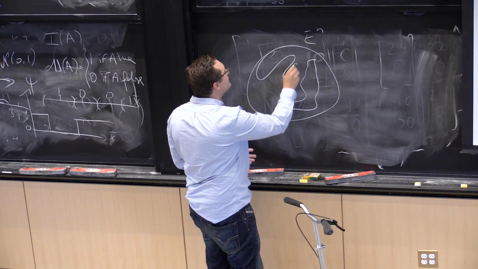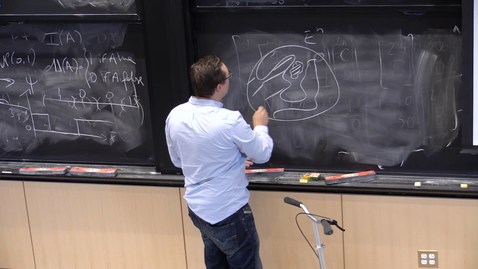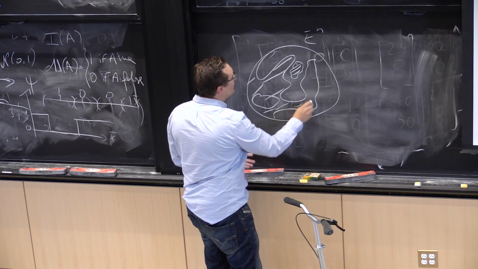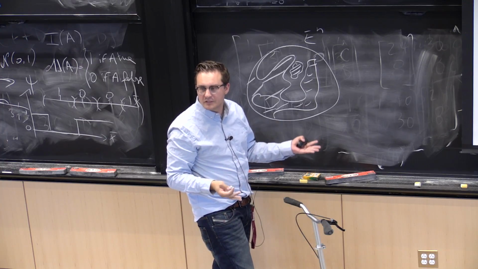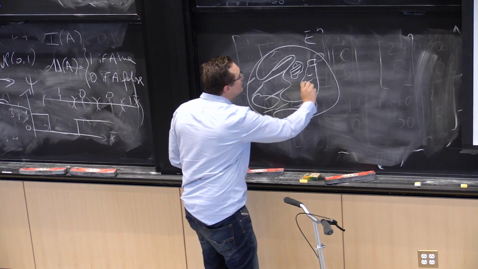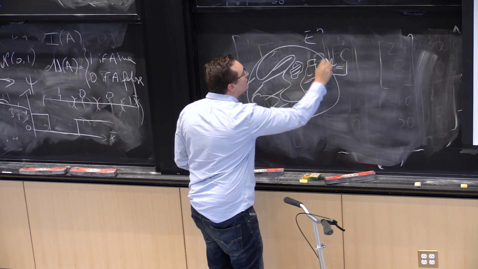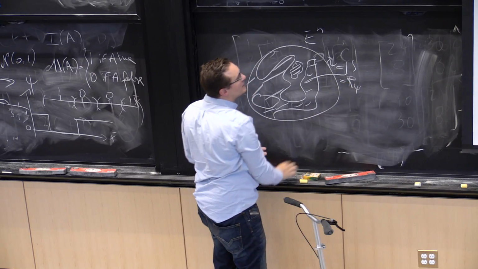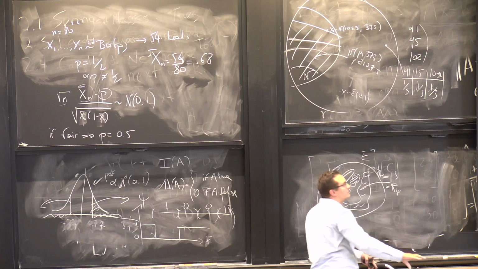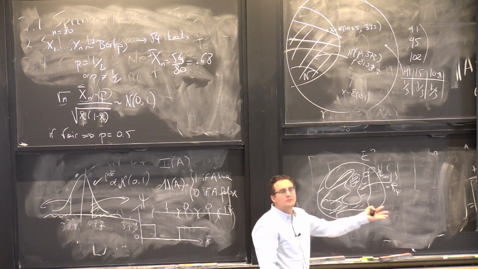I can have some weird little islands where it takes value 1, and some islands where it takes value 0. But I can always partition it into the value where it takes value 0 and the value where it takes value 1. And the region where psi is equal to 1 is called the rejection region of psi, okay? That's just the samples that would lead me to rejecting.